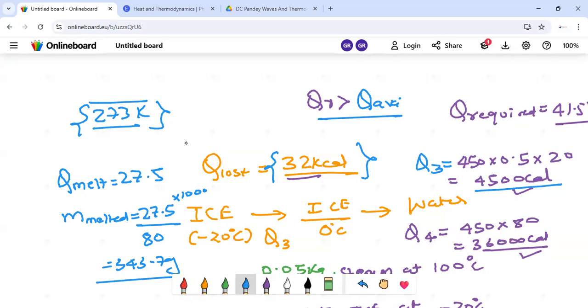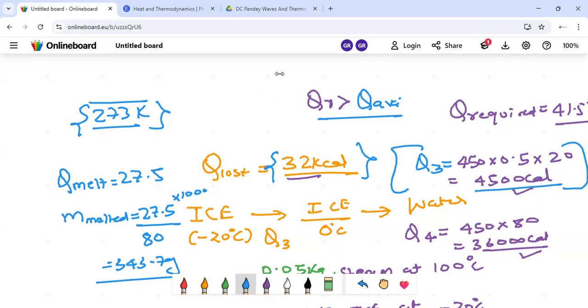And out of those 32, 4.5 kilocalorie is utilized by ice to first come to 0 degree Celsius. Because ice is not at 0 degree, it is at minus 20. So from minus 20, it will first rise up to 0 degree. So from 32, you have to subtract 4.5 kilocalorie, because that part is not utilized for melting. It is utilized to raise the temperature of ice from minus 20 to 0. Isn't it?